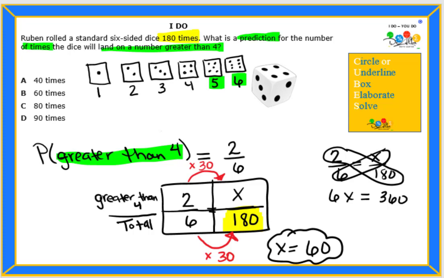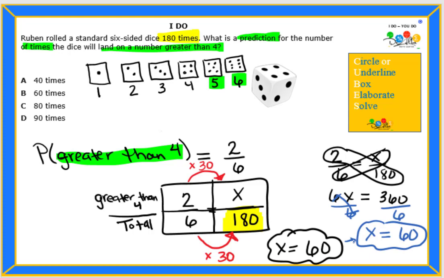And then we make sure we divide by the coefficient, which is 6. Whatever we do to one side of an equation, we have to do to the other side of the equation. And 6 divided by 6 is 1, so that's going to be x equals 360 divided by 6, which is 60.